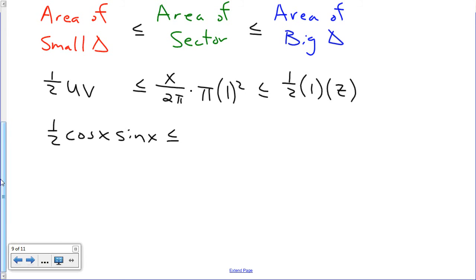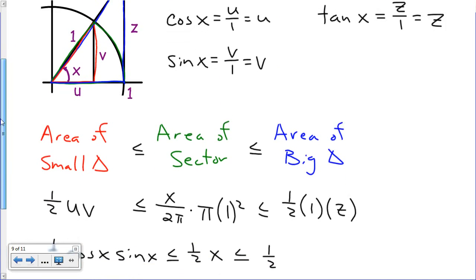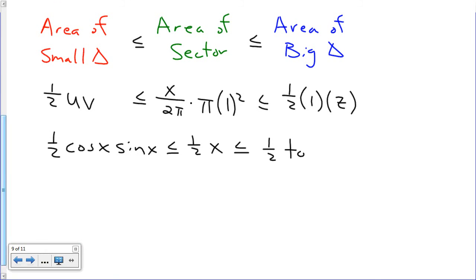I can see that the pi's will cancel out, and you have then 1/2 x times 1 squared, that's just 1/2 x. And that's less than or equal to, on the right there we have the 1/2, which I won't worry about writing down, but the z, remember we found out that z was equal to the tangent of x from our big triangle. So that's the tangent of x.